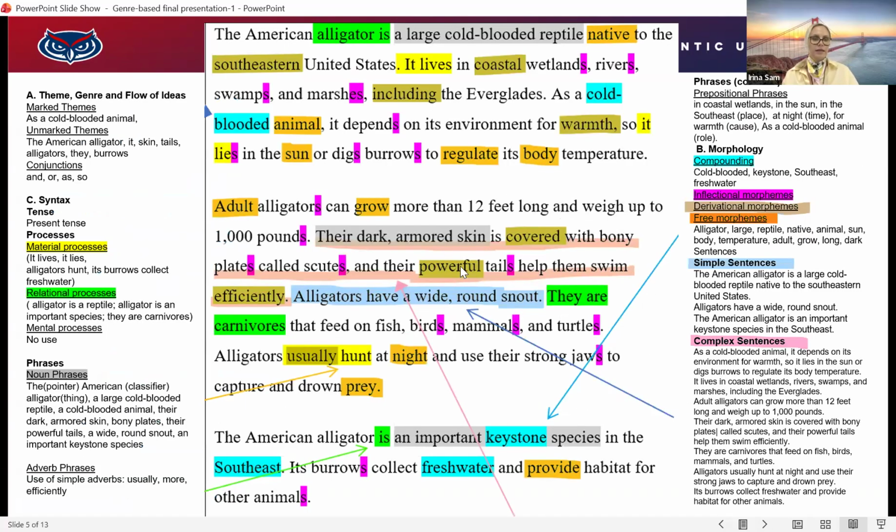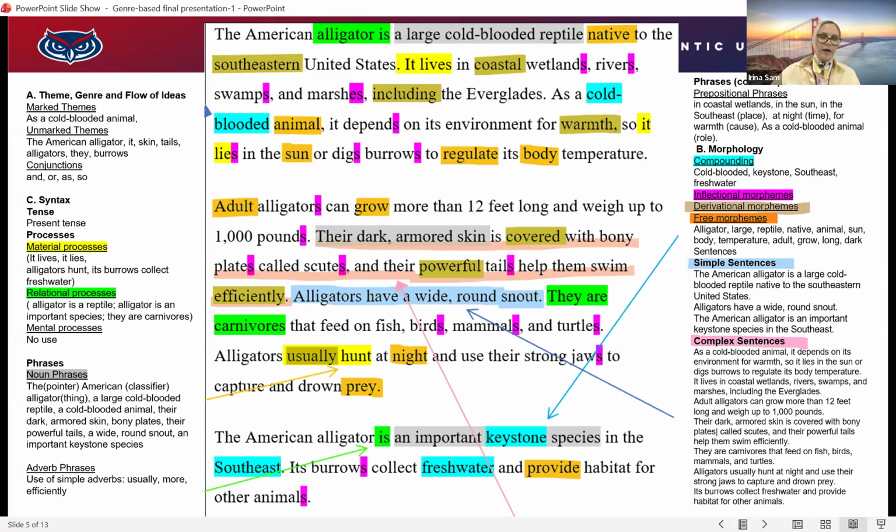This slide is the visual language analysis, where it shows the analysis of the text, and I analyzed the language features of this text. We can see the consistent use of the simple present tense, which is typical in descriptive reports, and mainly material and relational processes, which again is typical in descriptive reports, since it conveys general scientific facts and enduring knowledge.